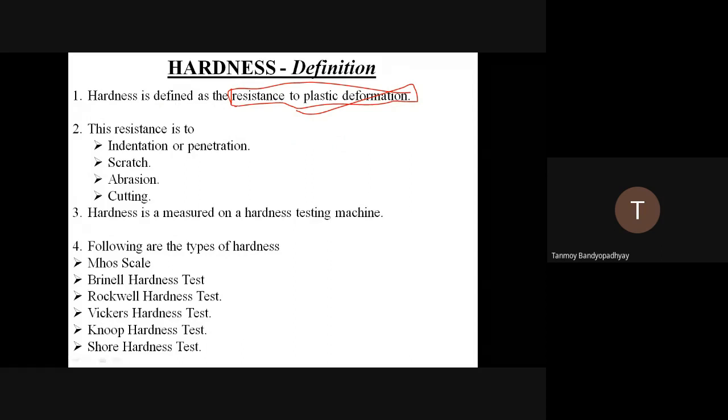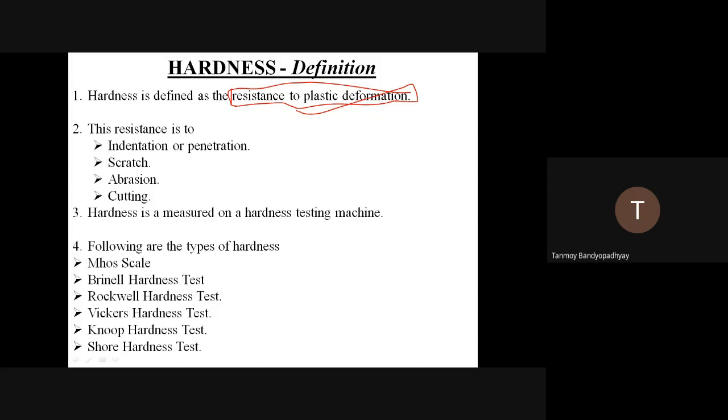The resistance can be of many types. Indentation or penetration: whenever it penetrates the surface, it is moving across the depth, so you have an indentation or penetration resistance of the material. You can have scratching on the material. If you have seen grinding wheels, there we have scratching.